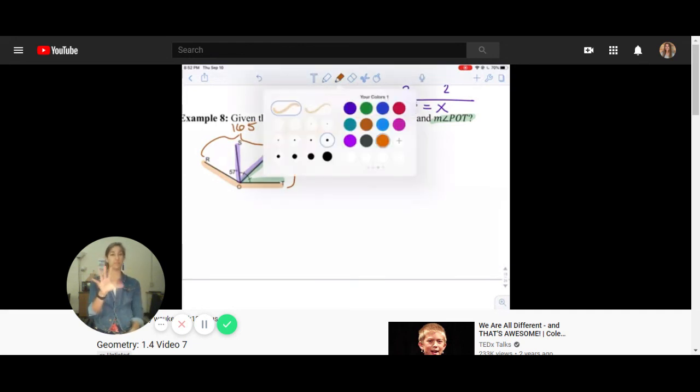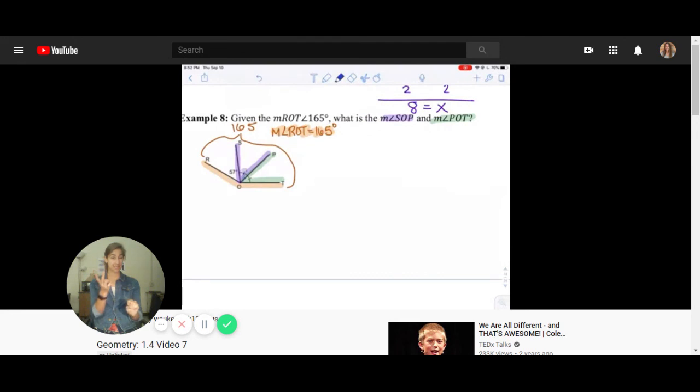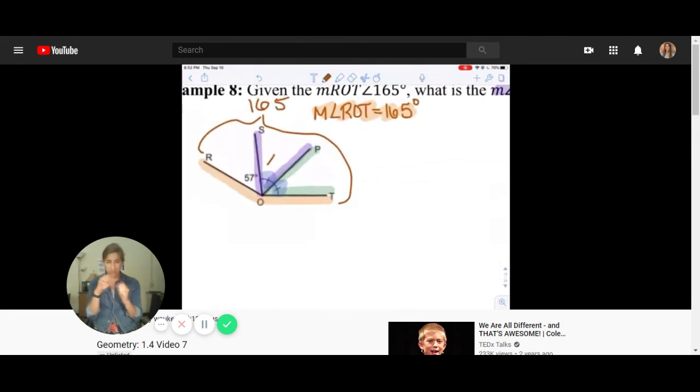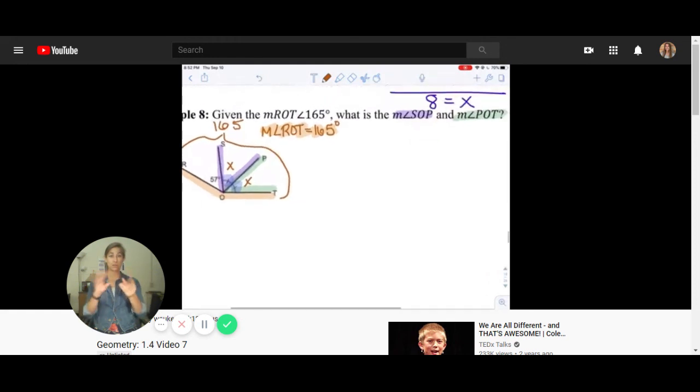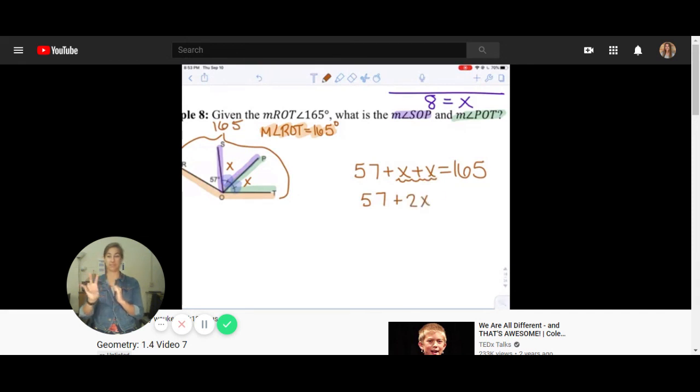Now we also can see that there are arcs with hash marks in here. That means that these angles are the same. So all together, those 3 angles should add up to equal 165. We can combine like terms with the x's. So 57 plus 2x equals 165.